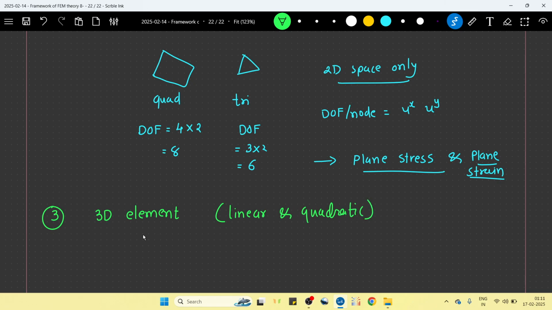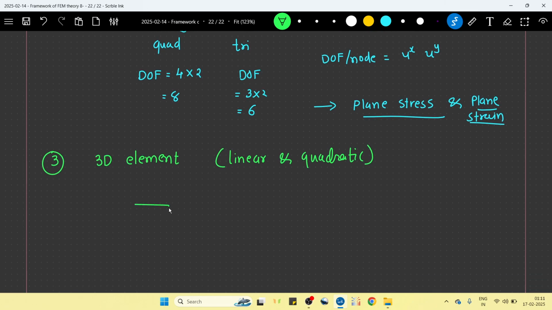So when XYZ dimensions are comparable, we represent that structure as a 3D element.